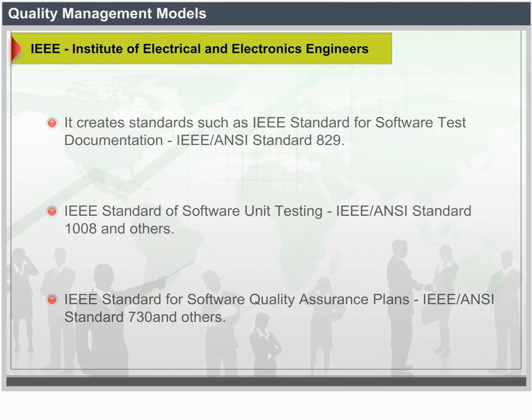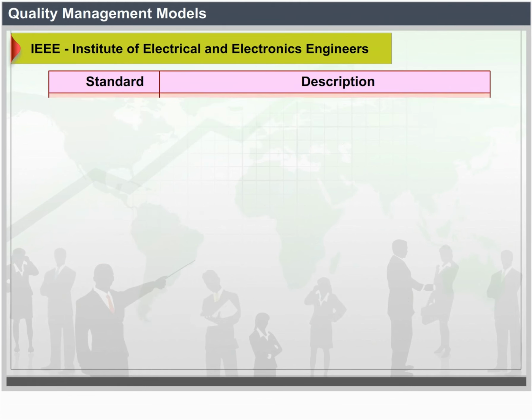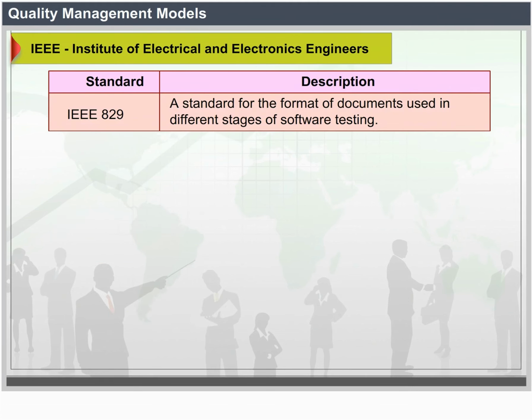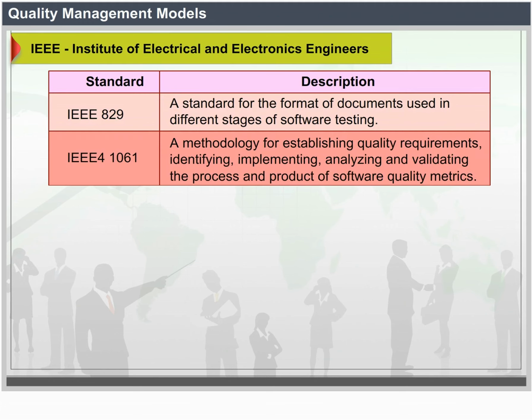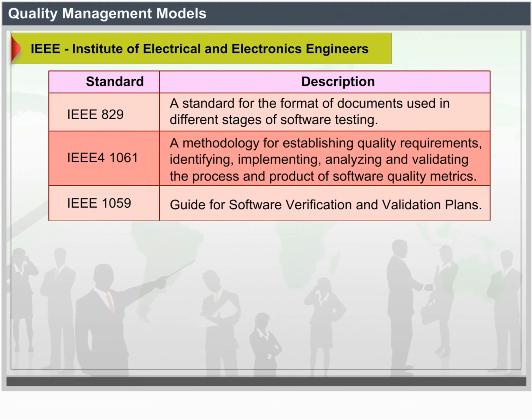Standard, description. IEEE 829, a standard for the format of documents used in different stages of software testing. IEEE 1061, a methodology for establishing quality requirements, identifying, implementing, analyzing, and validating the process and product of software quality metrics. IEEE 1059, Guide for Software Verification and Validation Plans.